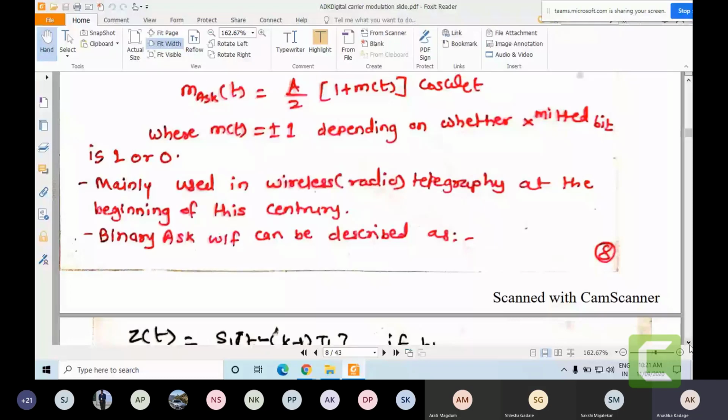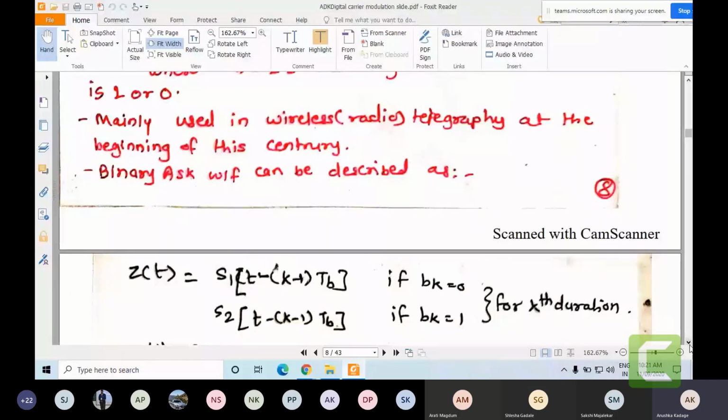आता हे बघताना आपण कुठून सुरुवात करणार आहे? तर z(t) म्हणजे काय आहे? आपला ट्रान्समिटेड सिग्नल आहे, आणि तो ट्रान्समिटेड सिग्नल आपण kth ड्युरेशन मध्ये बघणार आहे. म्हणजे based upon kth duration bit value either 0 or 1, here the transmitted signal will be either shifted version of s1(t) signal or s2(t) signal. जनरल मॉडेलिंग मध्ये आपण हे बघितलंय ना.